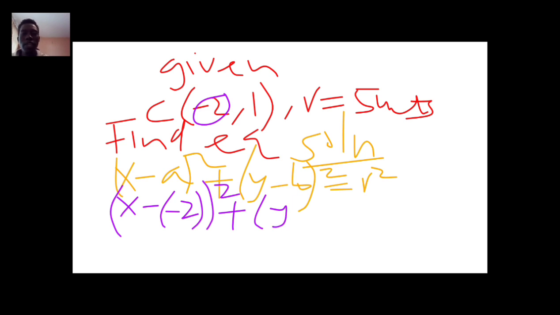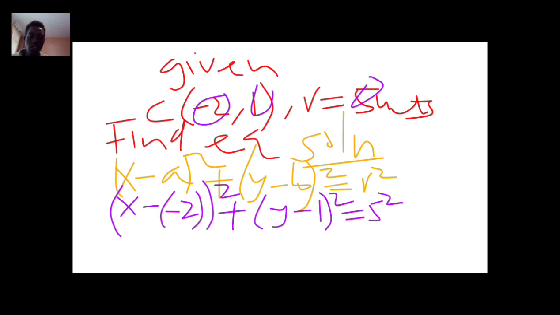And the value of b here is this second one, which is 1. Minus 1 square is equal to r square. And what is the value of r? R here is 5. The radius is 5. So 5 square.